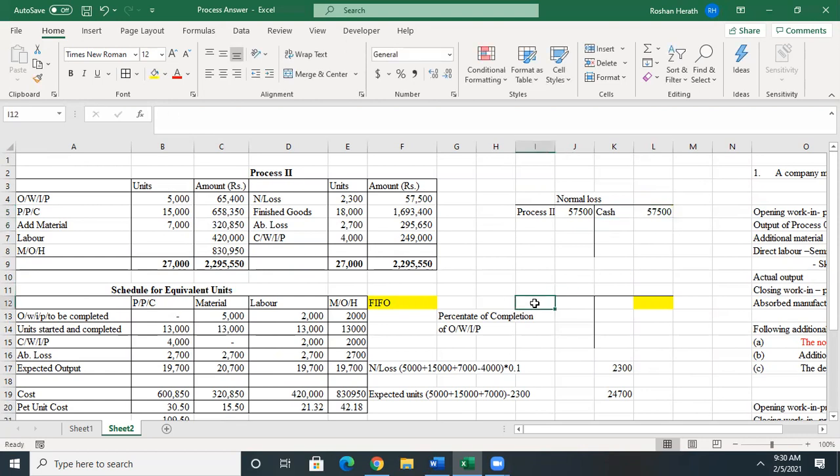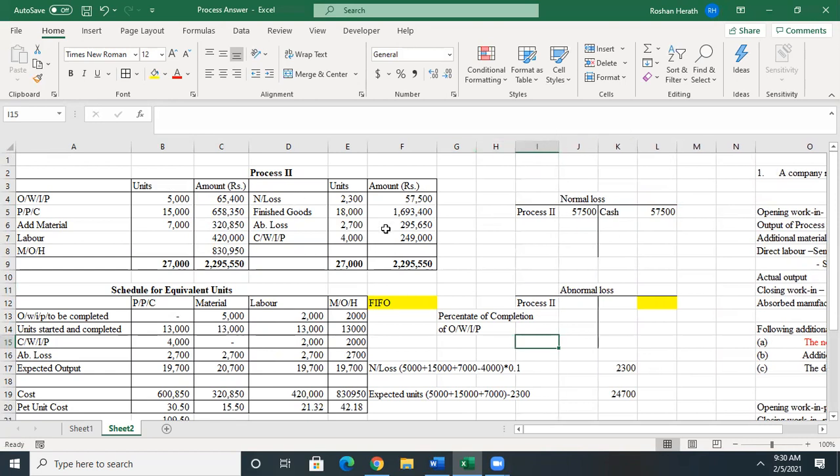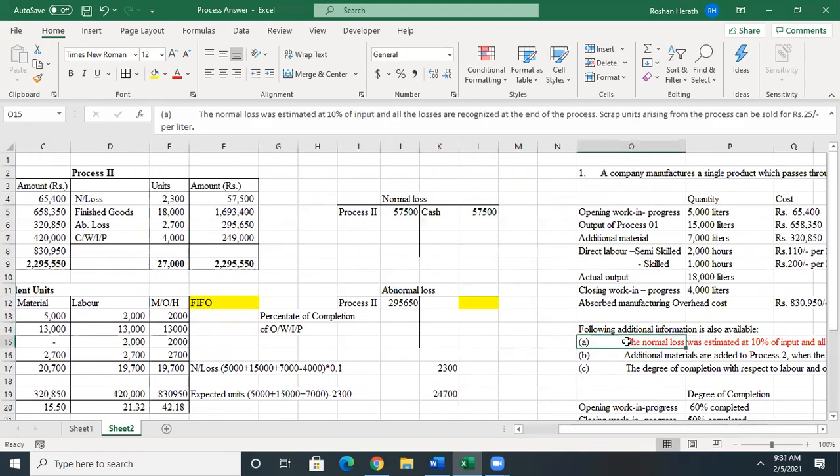So the normal loss you have transferred and you can sell them for cash, 57,500. Abnormal loss, transfer it to Process 2. Abnormal loss is there, 295,650. So at what amount can you sell this? Scrap units arising from the process can be sold for 25. That is equally applicable for the abnormal loss.